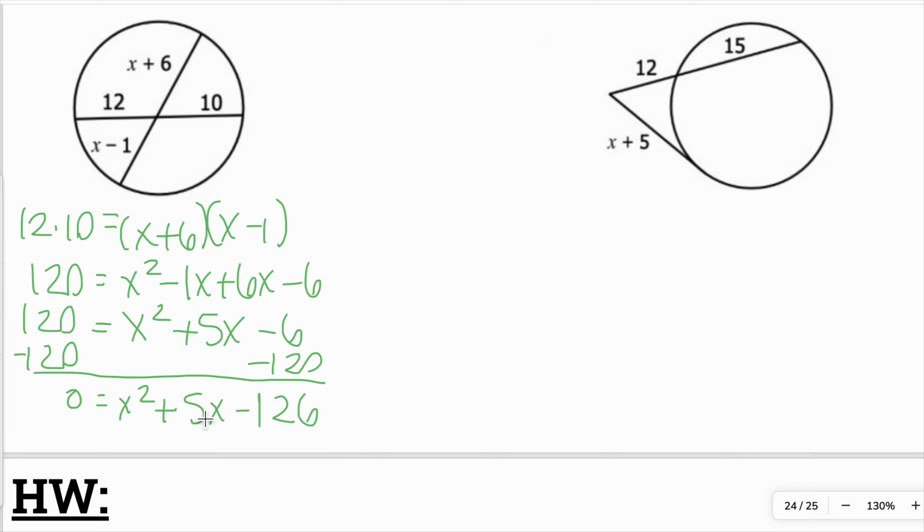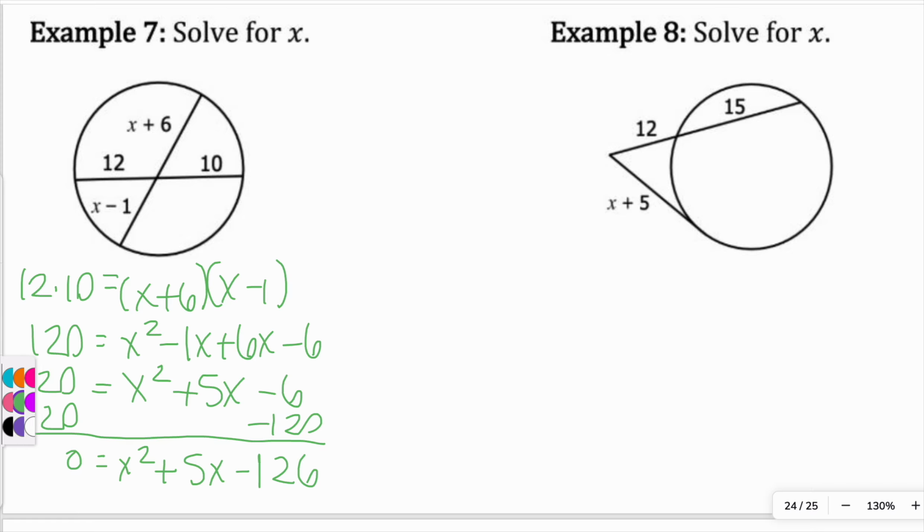So this is where we want to factor this trinomial. Two numbers that have a product of negative 126 but have a sum of 5. So I got those two numbers from here.